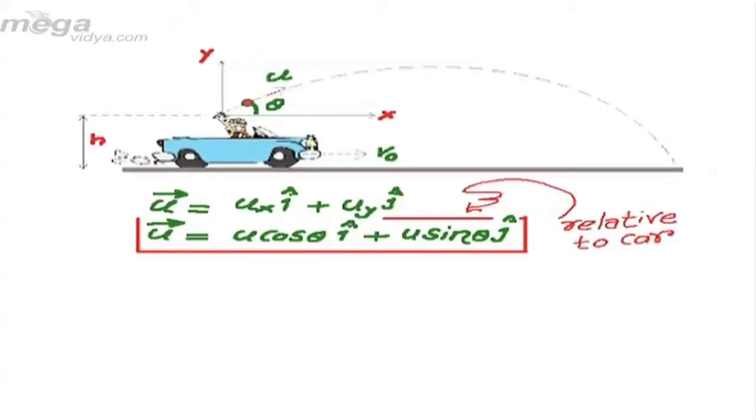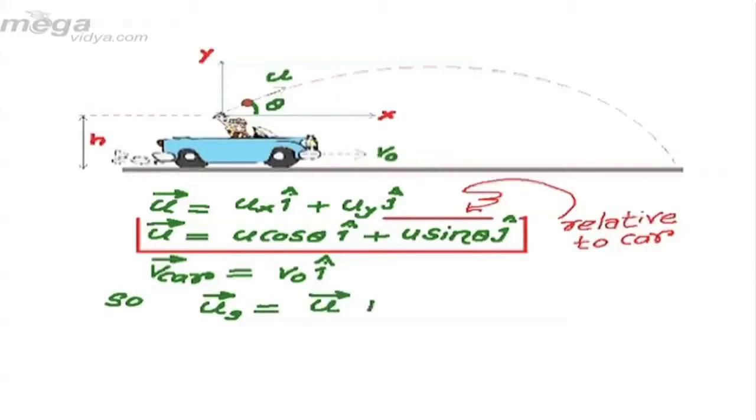Now, the velocity of the car is v naught i cap. So, the velocity of the projectile with respect to the ground can be taken as the velocity of the projectile with respect to the car plus the velocity of the car with respect to the ground.